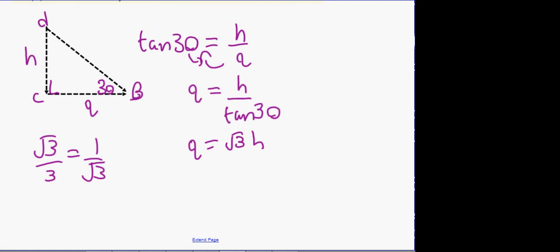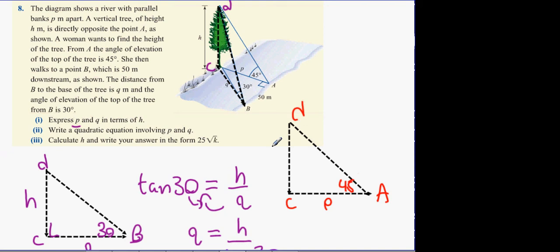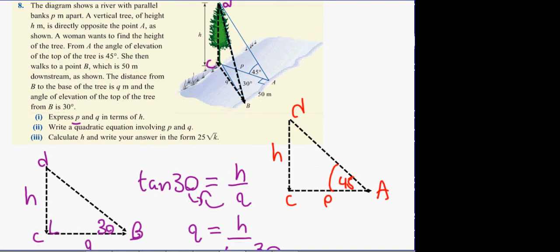Now, let's look at the other triangle. The other triangle is going to be ADC. ADC, we're going to draw out once again in 2 dimensions. ADC, A to D to C. It's P across, 45 up, height of the tree is still H. What we need to find out now is what is P in terms of H. Once again, what function should we use?